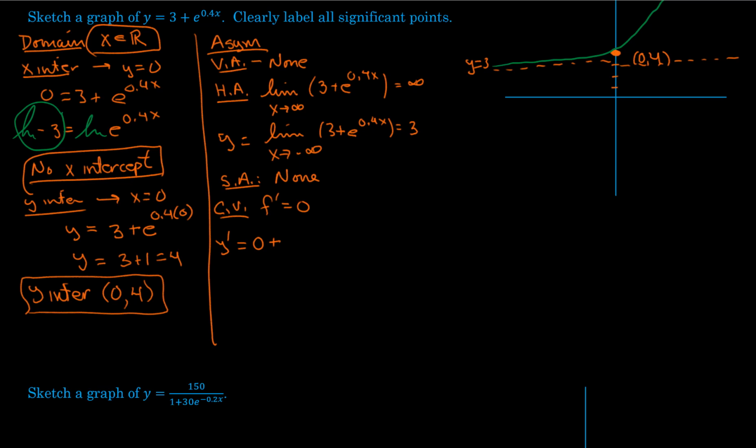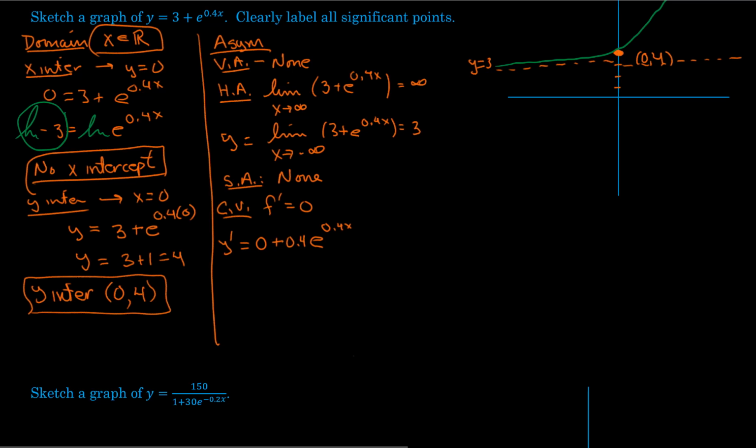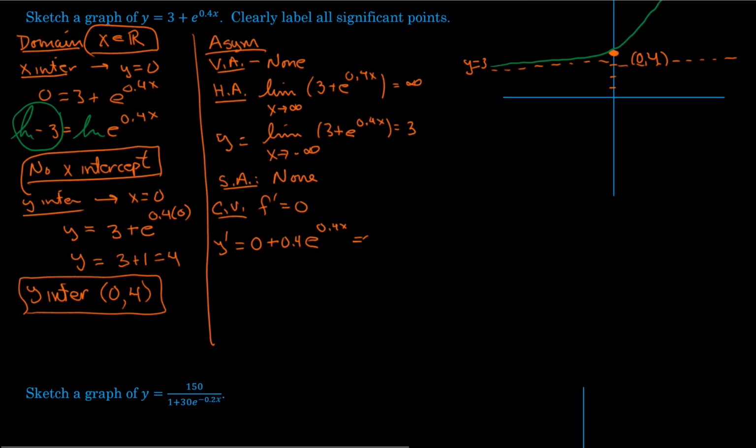Then I need to take the derivative of e to the 0.4x. That's a chain rule. The derivative of e is going to give me back whatever I had, 0.4x. Then I take the derivative of the inside, which is just going to be 0.4. So I have 0.4 e to the 0.4x equals 0.